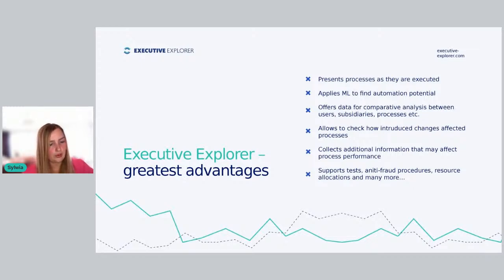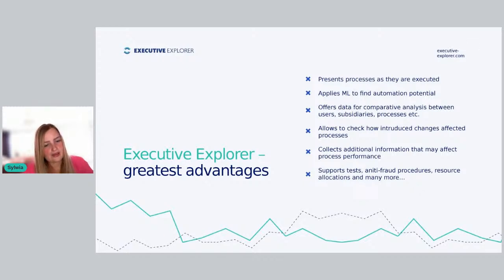Additionally, our Executive Explorer allows you to check how those changes actually affected processes. As I've told you, this need for verification, whether what we've implemented, the improvement, really works and really brings the value we've expected.